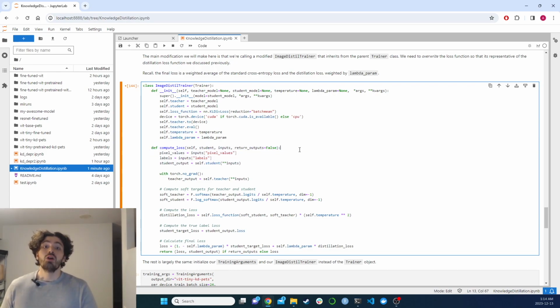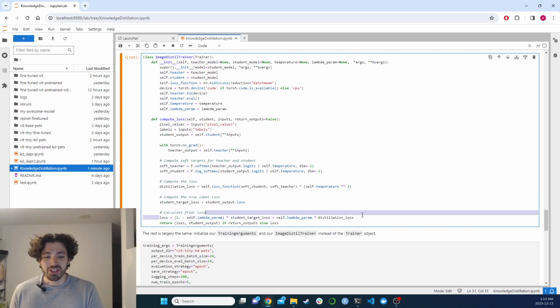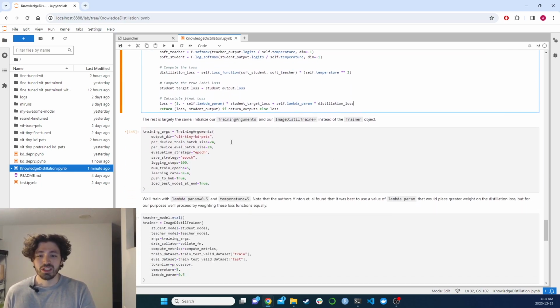Because again, we're computing our loss based on the teacher's outputs and this KL divergence with these hyperparameters, temperature and lambda. So we want to specifically calculate that loss ourselves, because unfortunately it's not implemented for you just out of the box. This is the machine learning part of machine learning.